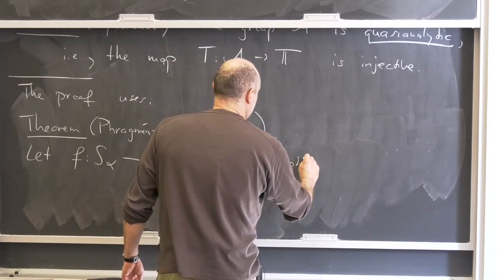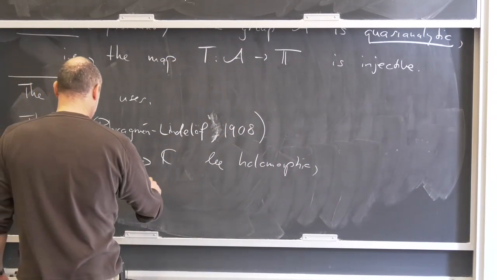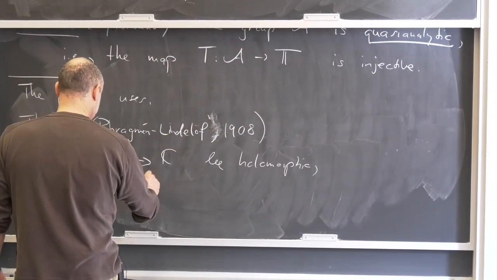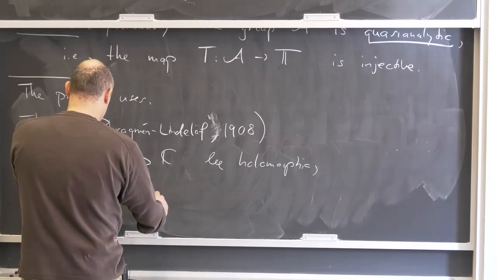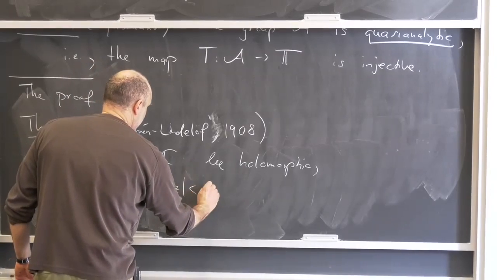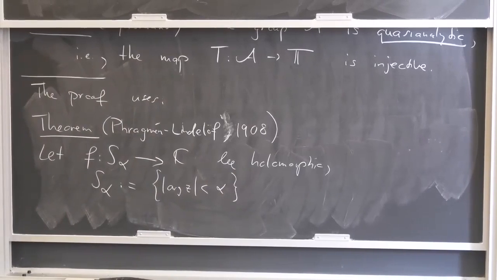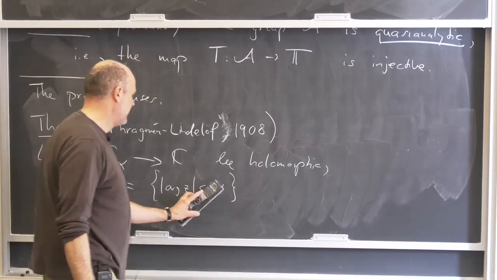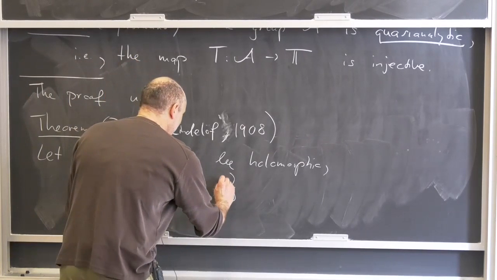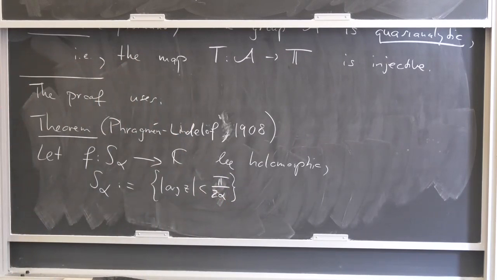So what is this? The sector S alpha, that's just the set where the argument in absolute value is less than pi over 2 alpha. No, sorry, that's wrong. Pi over 2 alpha, that's the one. And I'm interested in alphas greater than 1, meaning sectors of opening less than pi.